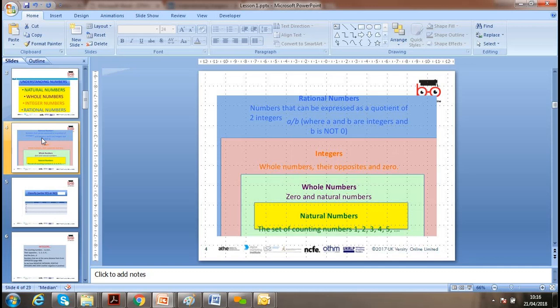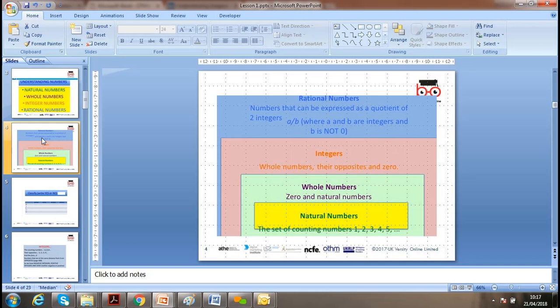So we'll go through whole numbers, and then we have natural numbers, the set of counting numbers 1, 2, 3, 4.